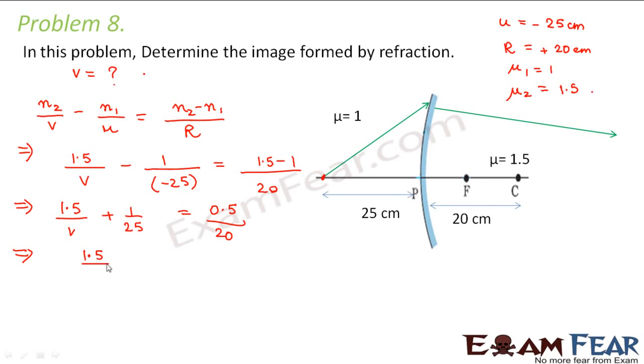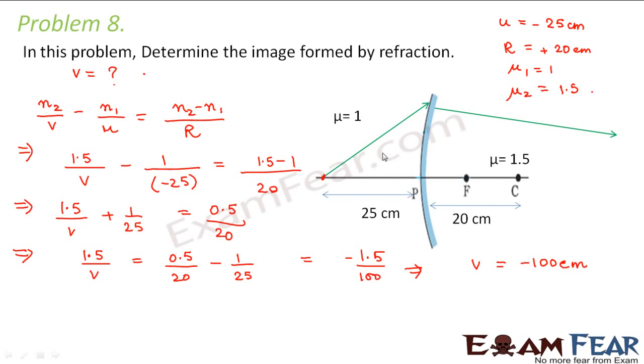So 1.5 divided by V is equal to 0.5 divided by 20 minus 1 by 25. This value comes out to be minus 1.5 divided by 100, or we can say that V comes out to be minus 100 centimeters.